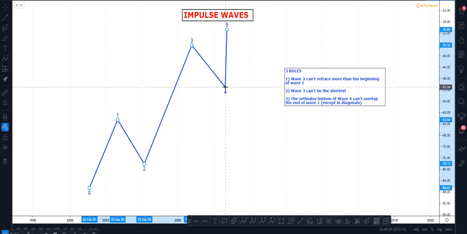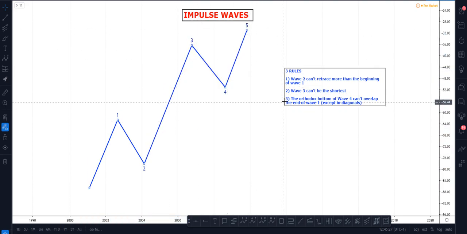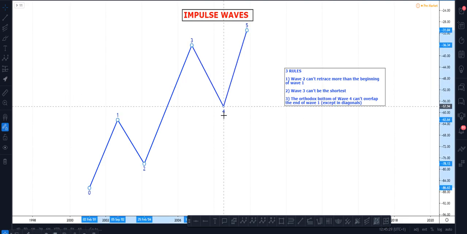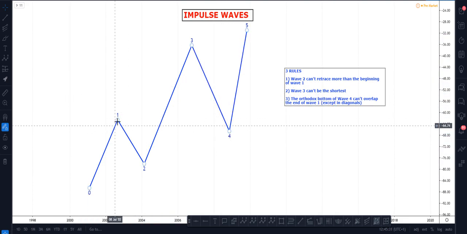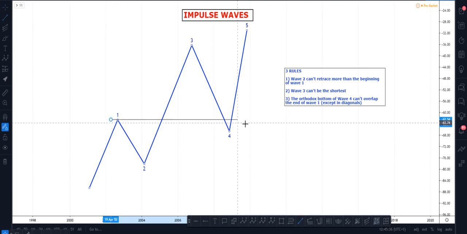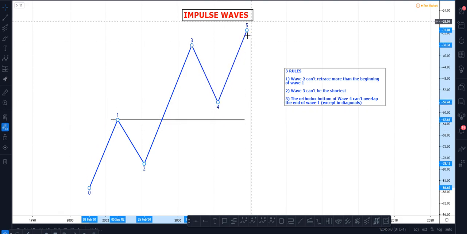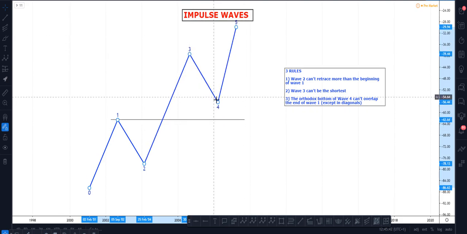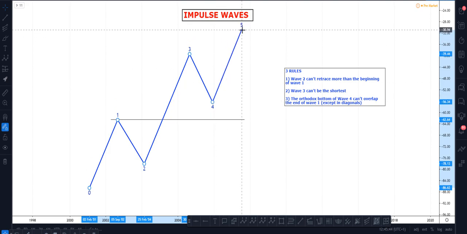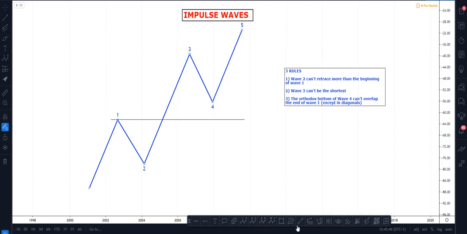That's the second rule. And the third rule is that your wave 4 cannot retrace into the price territory of wave 1, meaning wave 4 cannot breach this level here. So that's the basic 3 rules of Elliott Wave, which you should never break.